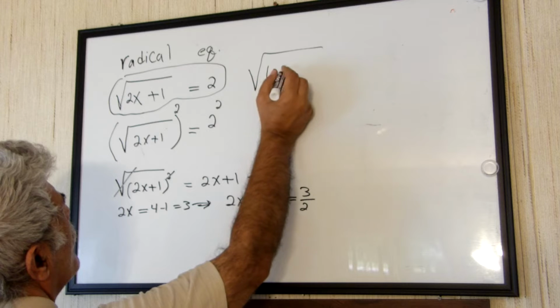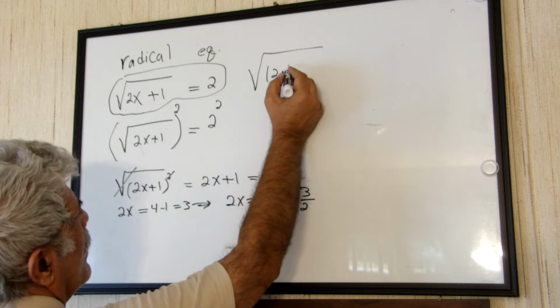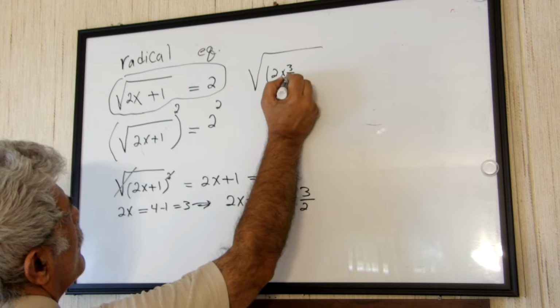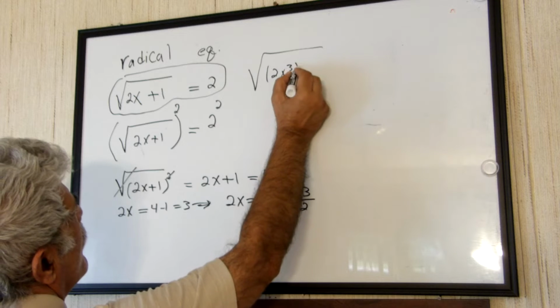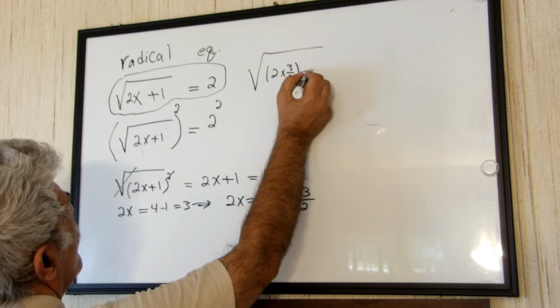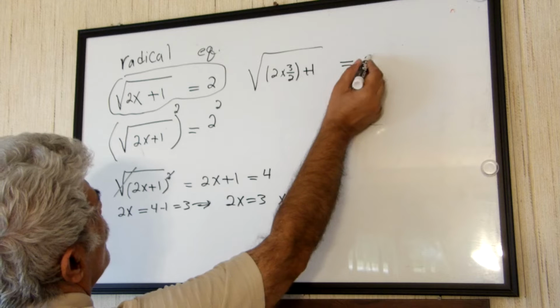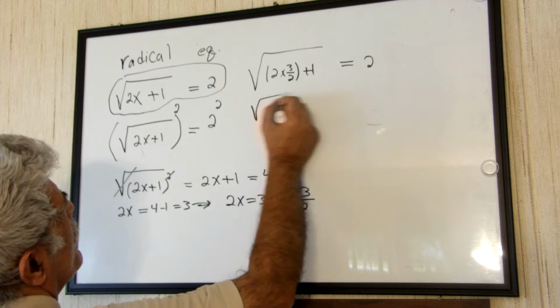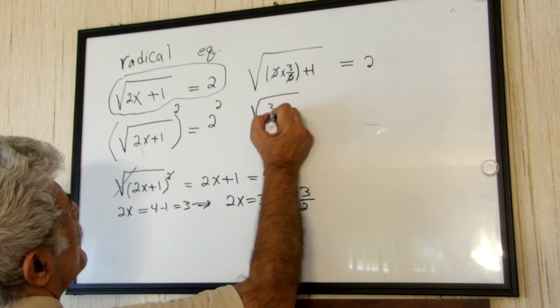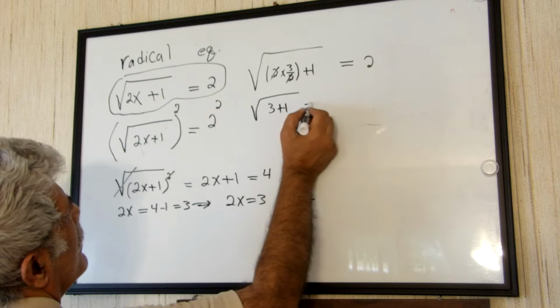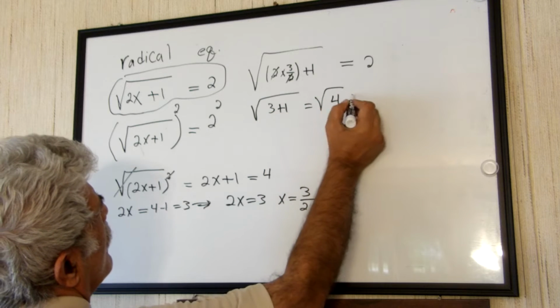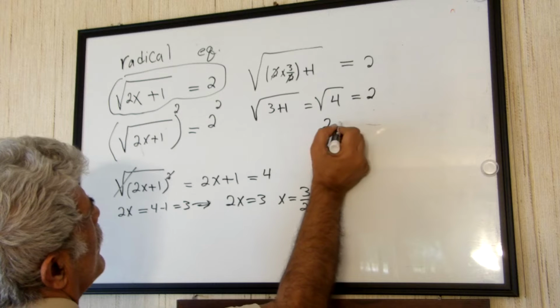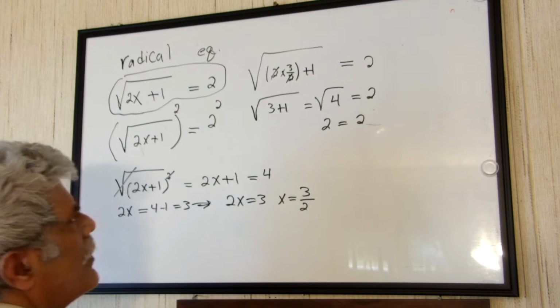So 2 times 3 over 2, which is 1.5, plus 1 is equal to... 2 times 3 over 2 cancels out, so 3 plus 1 is equal to the square root of 4, and the square root of 4 is going to be 2.